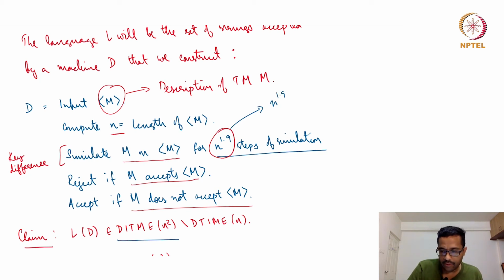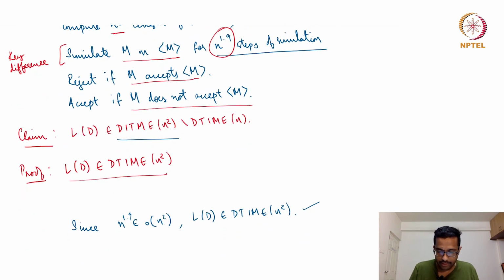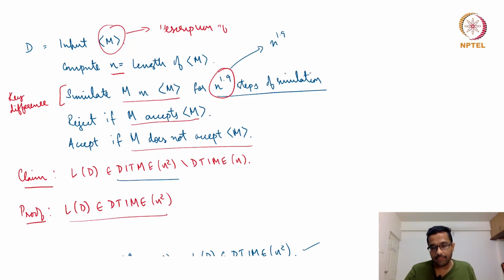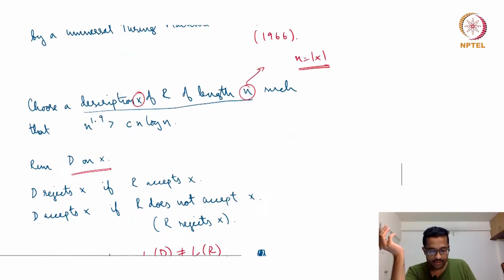So this n to the power 1.9 it needs to compute. If n to the power 1.9 itself takes n cubed time to compute, then what we said here is not correct. The value may be smaller, but if computing it takes n cubed time, then it is not in DTIME(n squared). So we need to make sure that n to the power 1.9 can be computed in n to the power 1.9 time. And this is exactly what time constructibility is.